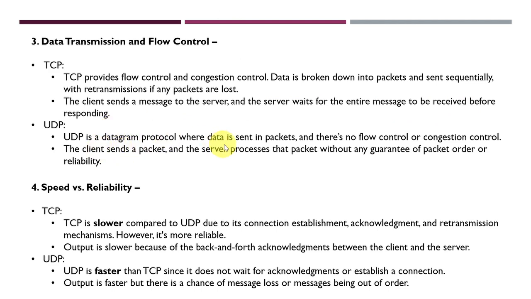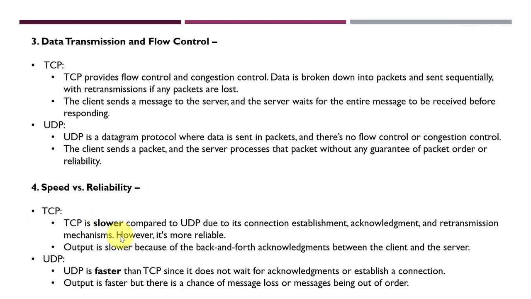UDP is a datagram protocol where data is sent in packets and there is no flow control or congestion control. The client sends a packet and the server processes that packet without any guarantee of packet order or reliability.